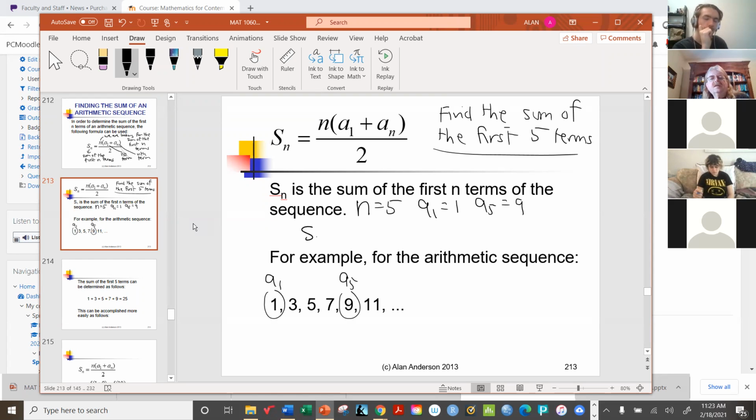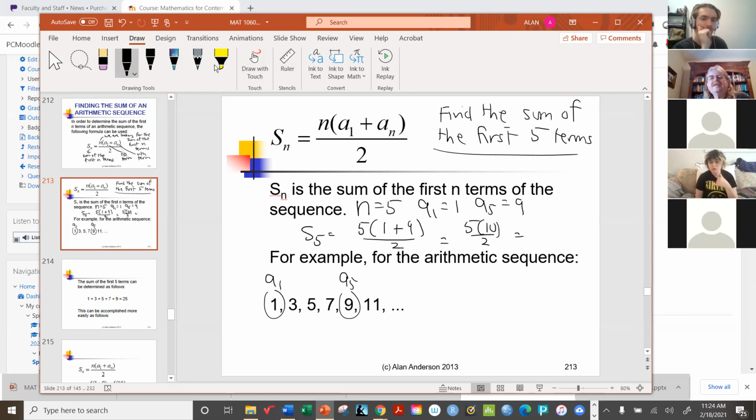So for this formula, I'll have 5 times 1 plus 9 over 2, 5 times 10 over 2, and that reduces to 25. Or actually, I left out a step. Let's do this one more step.